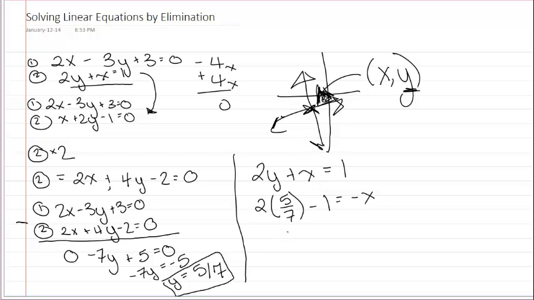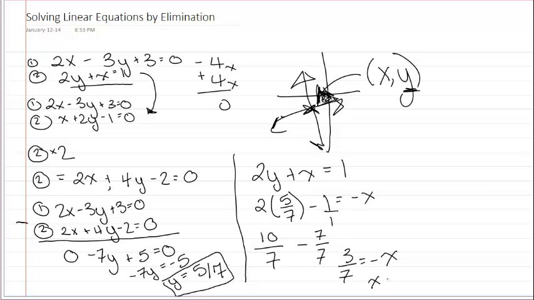And then I can multiply this in and subtract the 1, so I get 10 over 7. It would have been easier if I moved the 2y over, but that's okay. Minus, and then this needs to be a common denominator. And I chose that because that's 1 over 1, so 7 over 7, and then I would get 3 over 7 is equal to negative x.